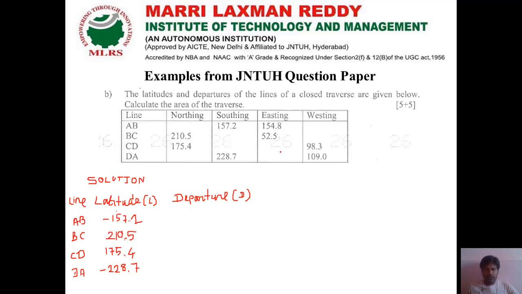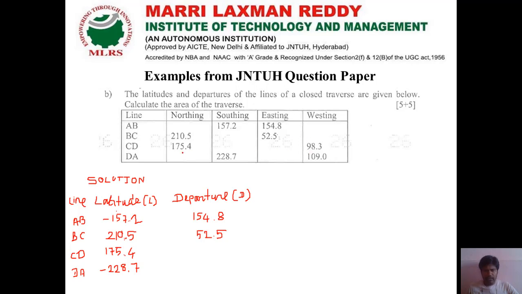Now the departures, where the easting and westing readings are recorded. If it is easting, we write a positive sign, and if it is westing, we give a negative sign in front of the value. For line AB, it is 154.8 easting, so positive 154.8. For line BC, it is 52.5 easting, so 52.5 is positive.